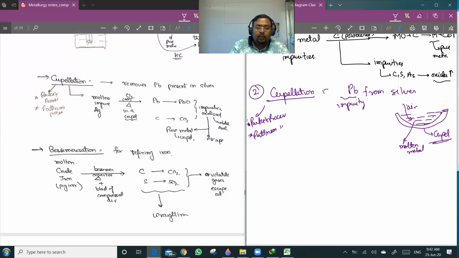The molten silver plus impurities are there.